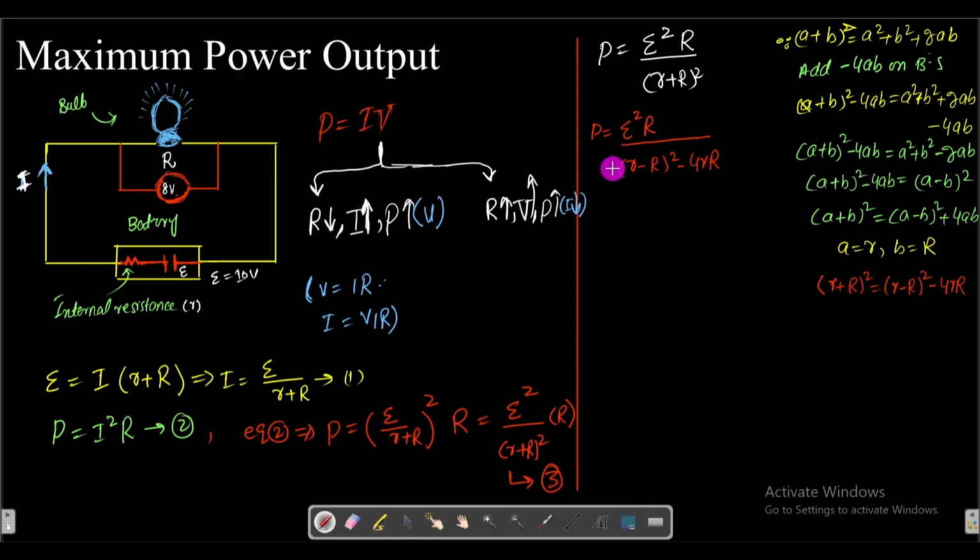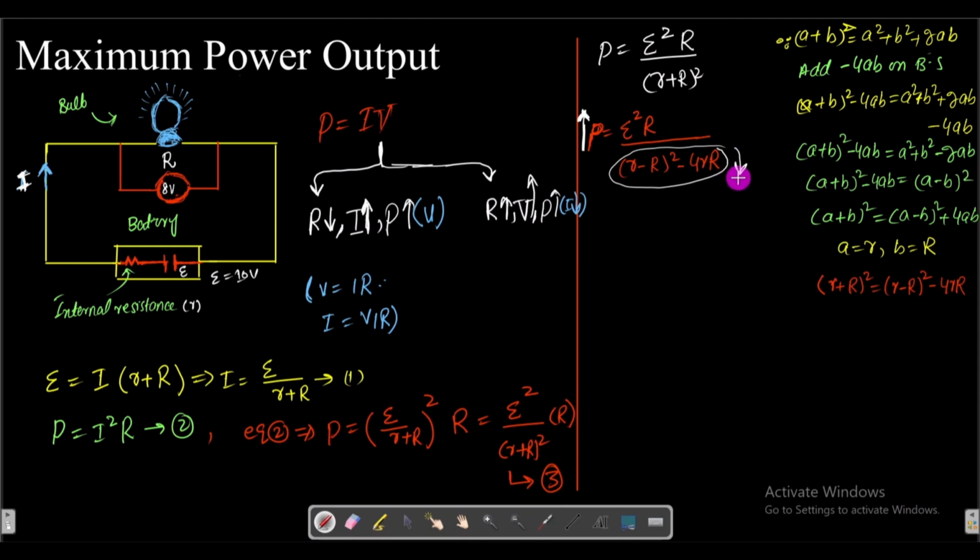Now in this case our desire is to find the maximum power. From this relation we know that if we have to increase this power, we will have to reduce the denominator.